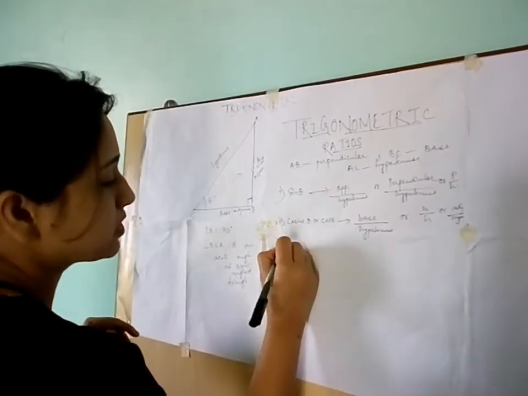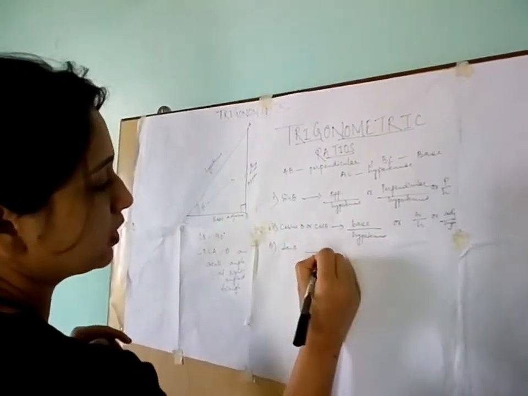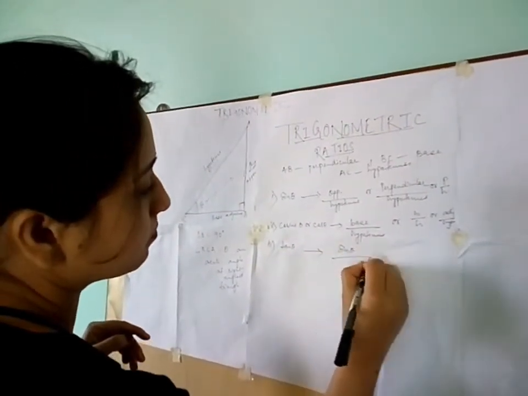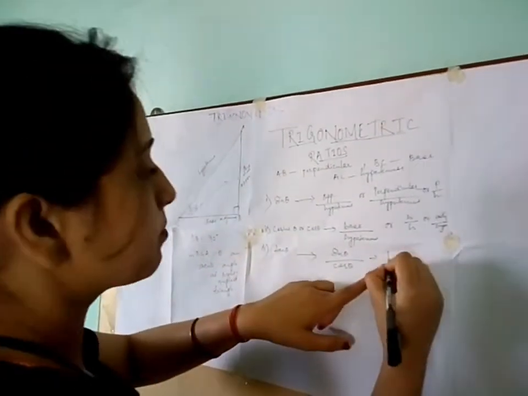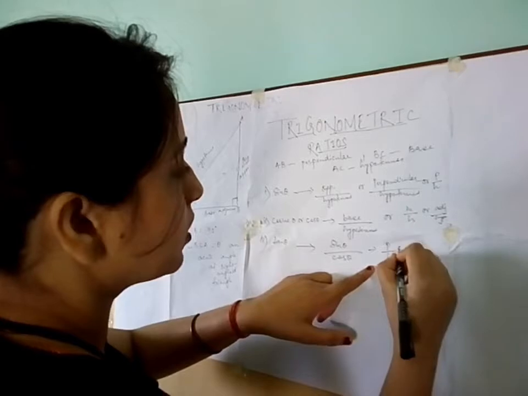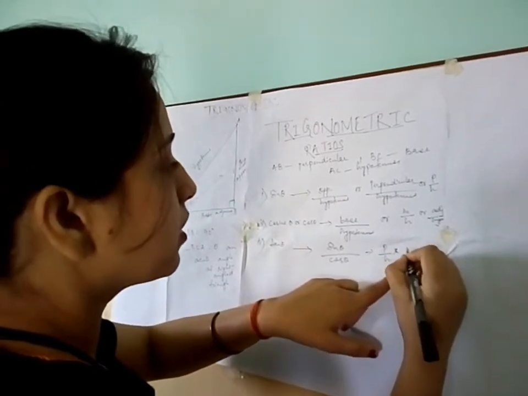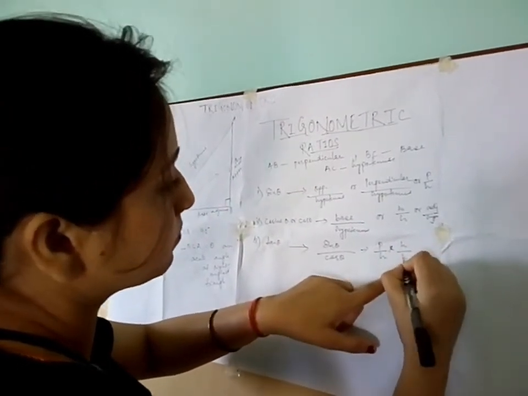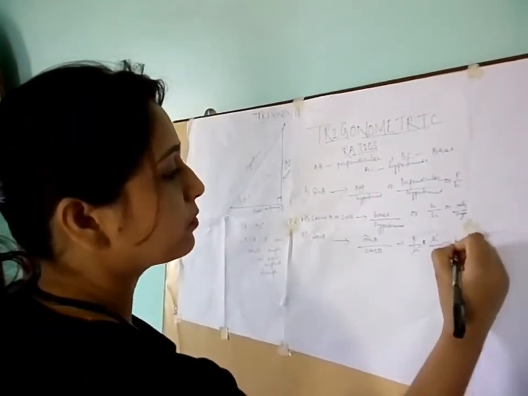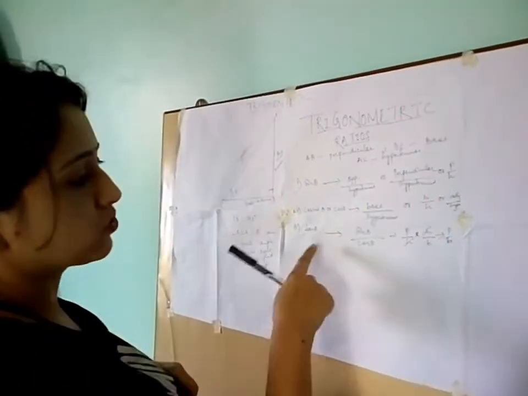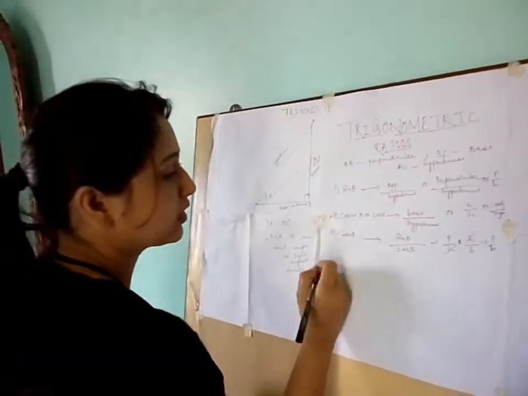Our third one is tan theta. Tan theta is sin theta by cos theta. So we can write P by H multiplied by H by B. Here H cancels, so we get P by B. So tan theta is sin theta by cos theta.